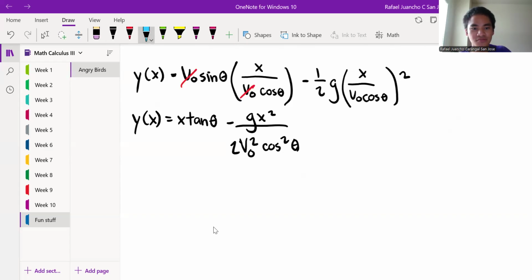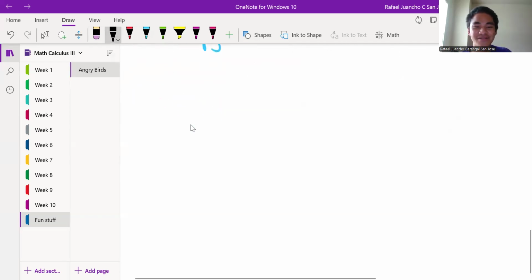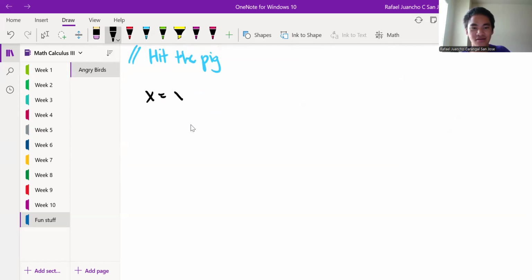Next thing we want to do is hit the pig. I think this is the funny and fun part. If we want to hit the pig, we just say that our x value should be x pig and our y value should be y pig. That's what we want. And now we plug it into the trajectory equation.